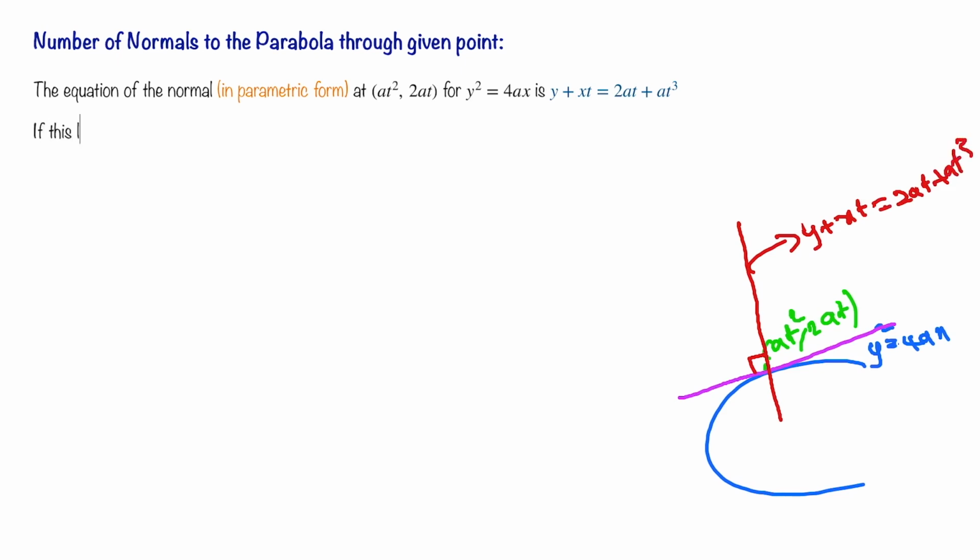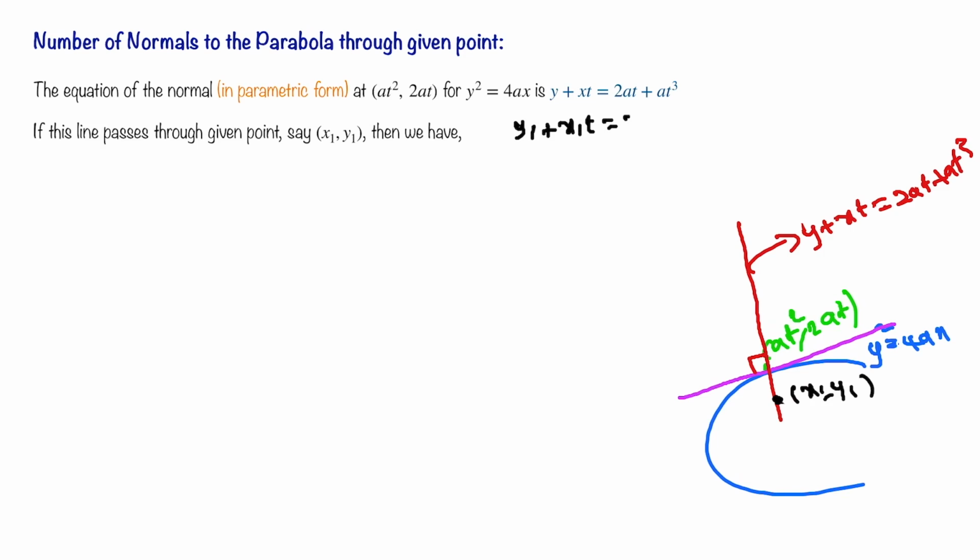If this normal passes through a given point, say (x1, y1), then we should have y1 + x1t = 2at + at³. That should give you at³ + (2a - x1)t - y1 = 0.